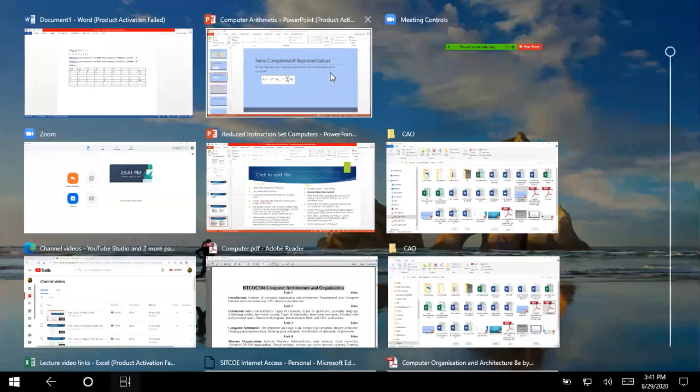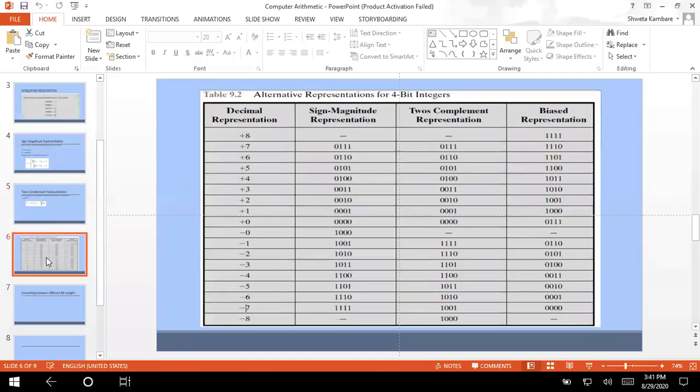You will understand it better after looking at this table. See, we have used 4 bits, and these numbers are represented by using 4 bits. So we have represented 0, 1, 2, 3, 4, 5, 6, 7.